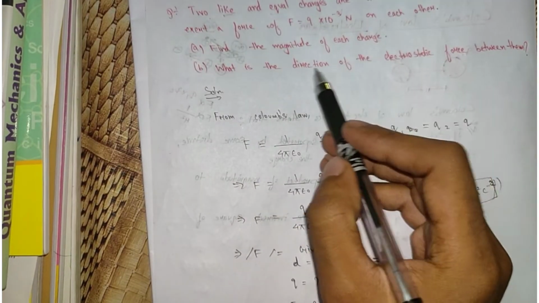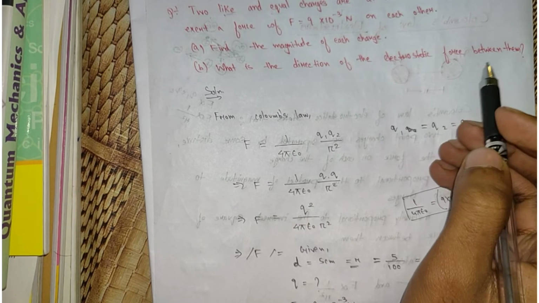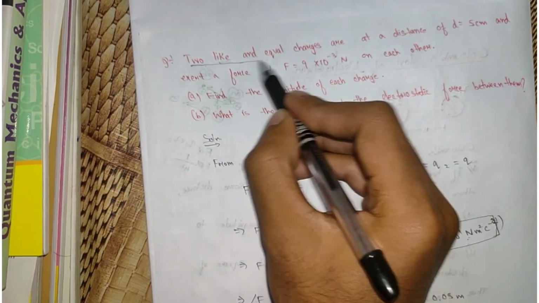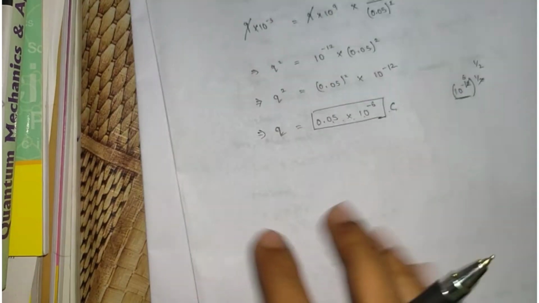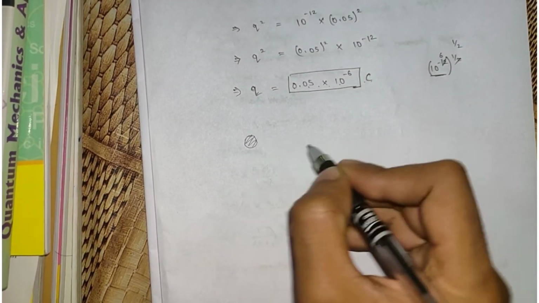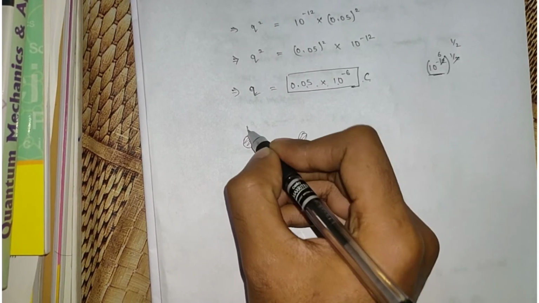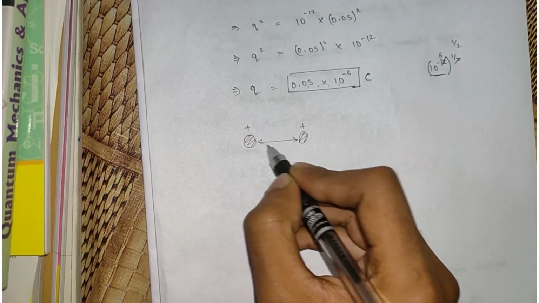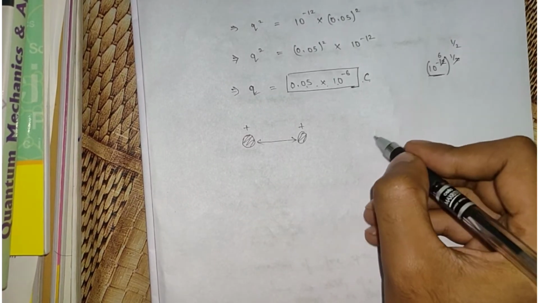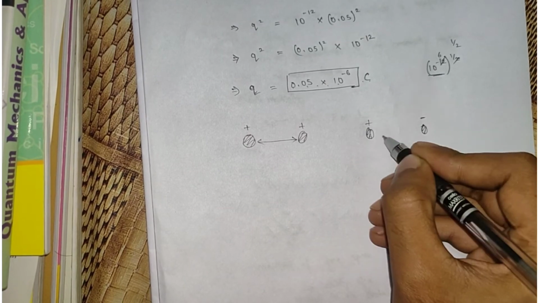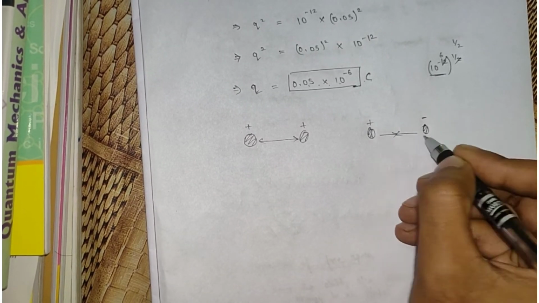Now moving on to the next part of the question: what is the direction of the electrostatic force between them? They have already mentioned that the charges are like and equal, and let me demonstrate it once again. For like charges, say both of these are plus, they will repel each other. If the charges are plus and minus, they will attract each other, right?